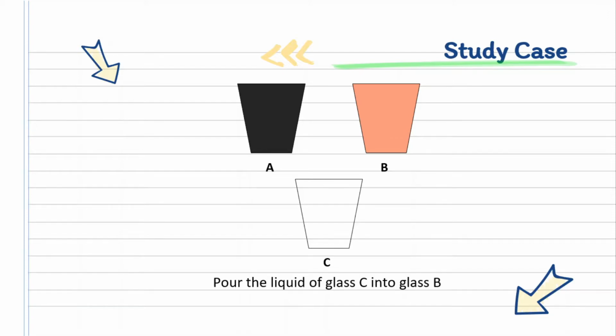Now, glass A contains coffee and glass B contains tea. So, this is the algorithm of how to switch the liquid of the two glasses.